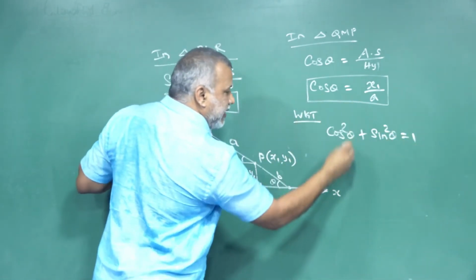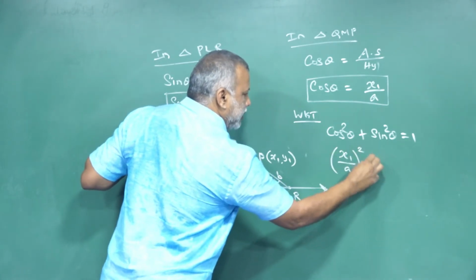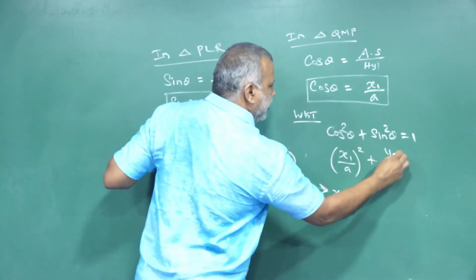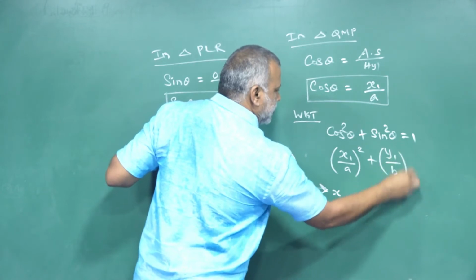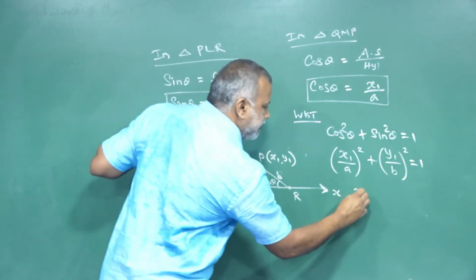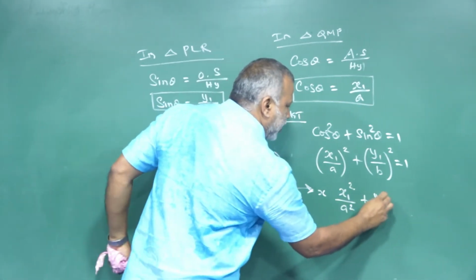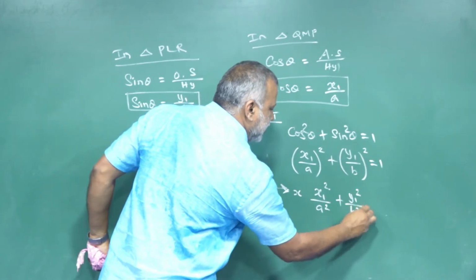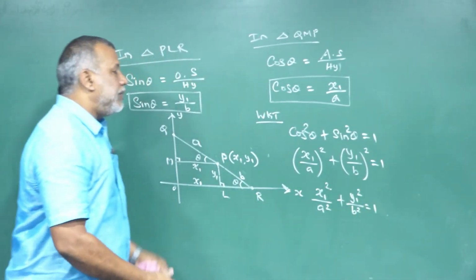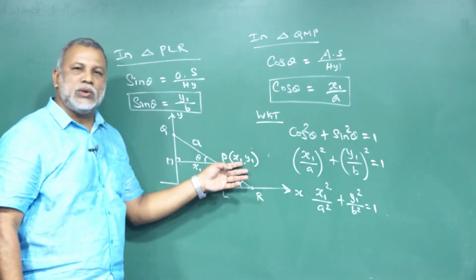See here, cos theta value x1 divided by a, the whole squared, plus y1 divided by b, the whole squared, equal to 1. Therefore, we can say x1 squared divided by a squared plus y1 squared divided by b squared equal to 1. But we have to find the locus of the point P of x1 comma y1.